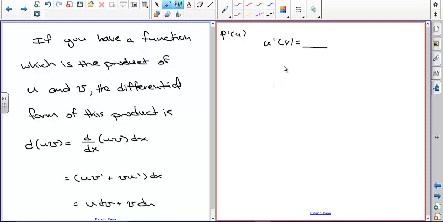Let me just define u of x as something. So let's say u of x is x squared. If I take the derivative of u with respect to x, I get 2x.